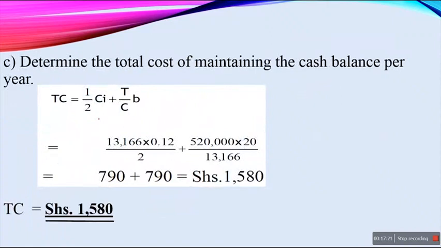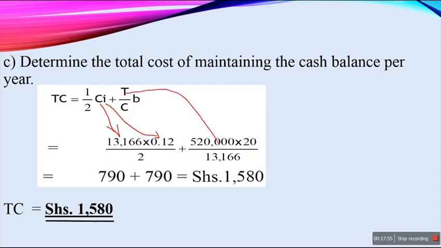Part C of the question requires to determine the total cost of maintaining the cash balance per year. And we have the formula here that the total cost is given by a half CI plus T divided by C multiplied by B, whereby C is the optimal cash requirement, which we got as 13,166. Our I, which is the interest on marketable securities, is 12% or 0.12.